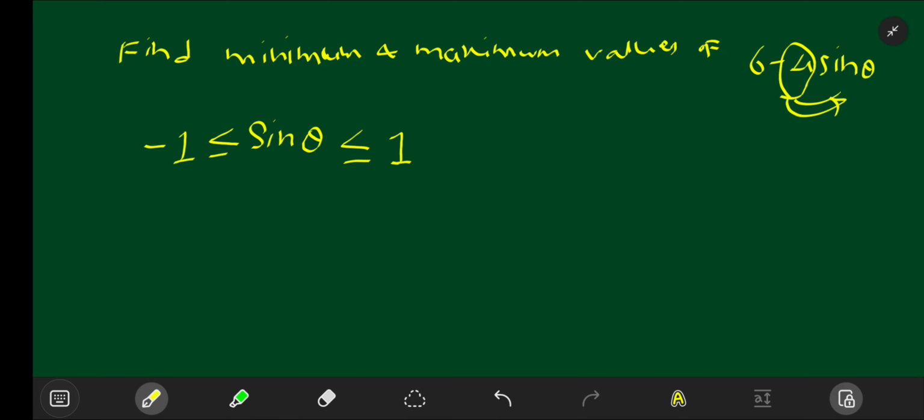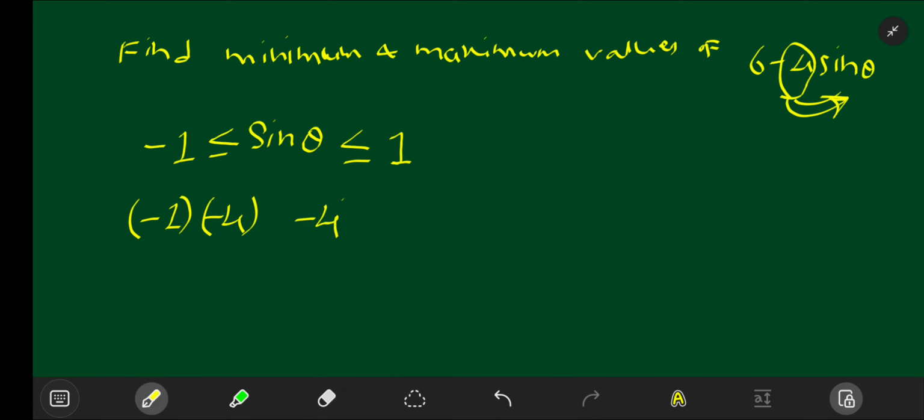Multiply with minus 4. Minus 4 is multiplied with sin theta in the question. So minus 1 into minus 4, sin theta, 1 into minus 4. Here also we have to multiply with minus 1.